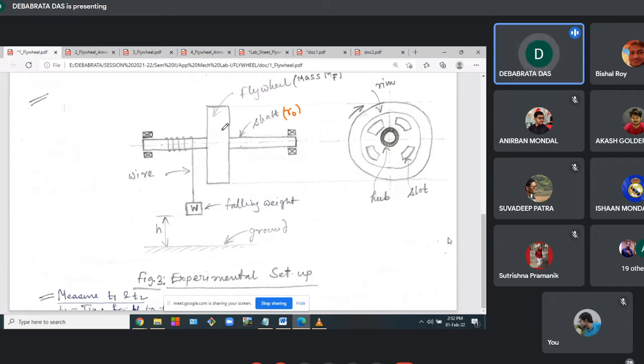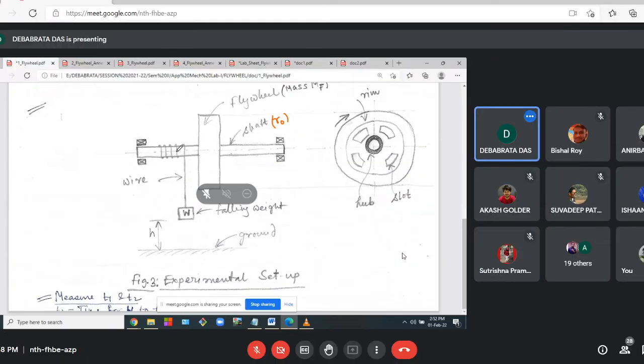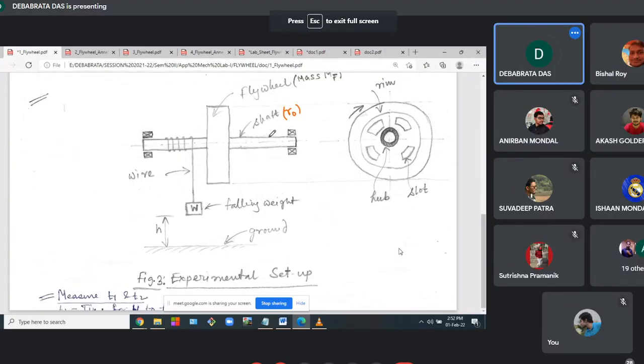The flywheel is mounted at the midspan of this shaft. If you see the side view from this side, the flywheel will look like this. Look at this thickness from this view: this is the thickness of the flywheel. This outer rim has this much thickness. It is not that the thickness is there throughout.